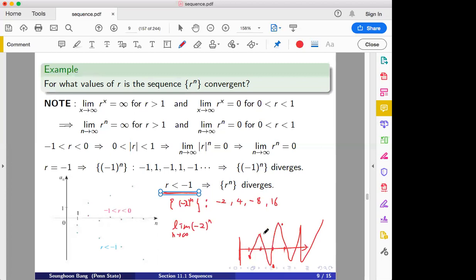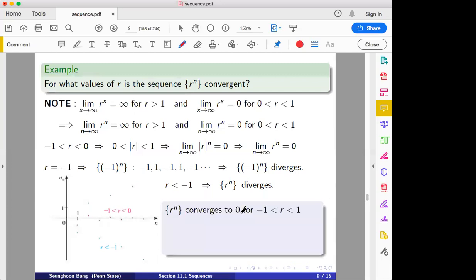The even terms, 4, 16, 64, go to positive infinity, oscillating infinitely many times. So going to infinity and minus infinity, the limit value does not exist. The sequence diverges.